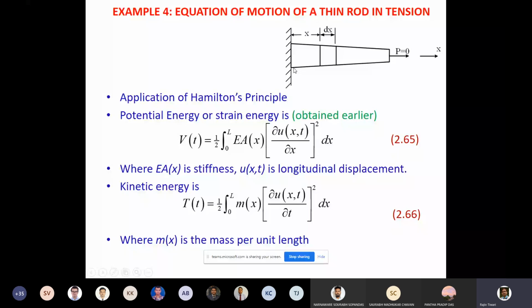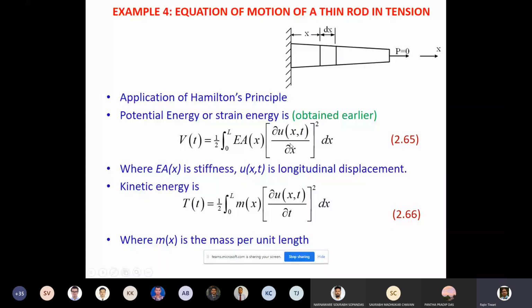That's why we have kept A as a function of x, because as we move along the axial rod, the cross section is changing; it is tapered in shape. And this is the strain. This particular expression for strain energy we derived already, so we'll be using it as it is.